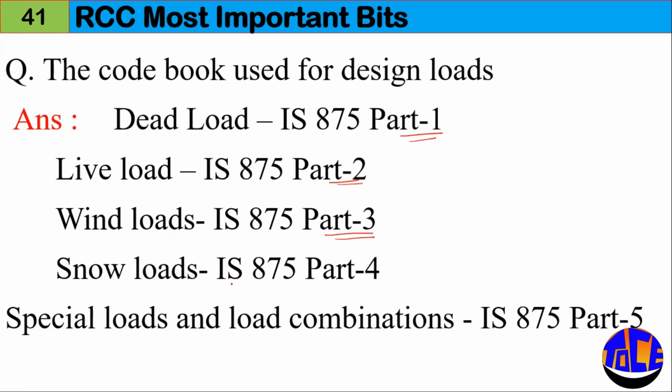For snow loads, IS 875 Part 4. And for special loads and load combinations, IS 875 Part 5. So remember these part names. Part 1 is for dead load, Part 2 for live load, Part 3 for wind load, Part 4 for snow loads, and Part 5 for load combinations.